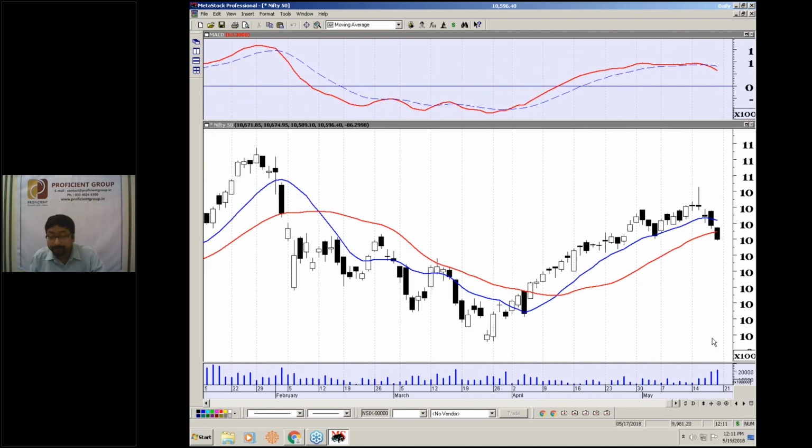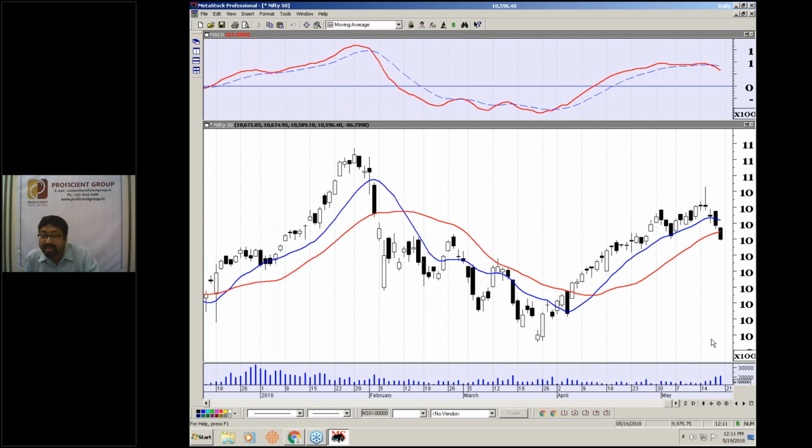You cannot take all the crossover levels. The crossovers should be significantly away from the zero line, and this much of distance should be different for different stocks, and you have to do it from your own discretion, and you will have to do it from your own backtest.